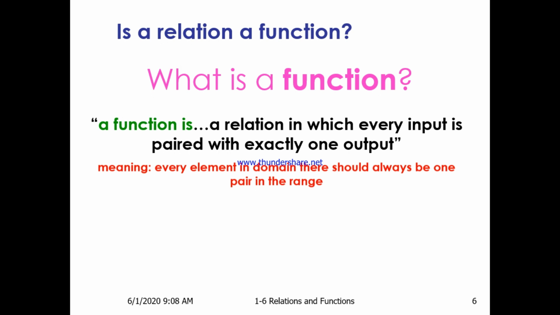Meaning, a function is a relation but its domain must have only one pair in the range. If we relate it to relationships, it is only a function if you have only one partner. You cannot have two boyfriends or girlfriends, you cannot have two spouses. So meaning, a function is a relation, but there should always be one pair in the range.